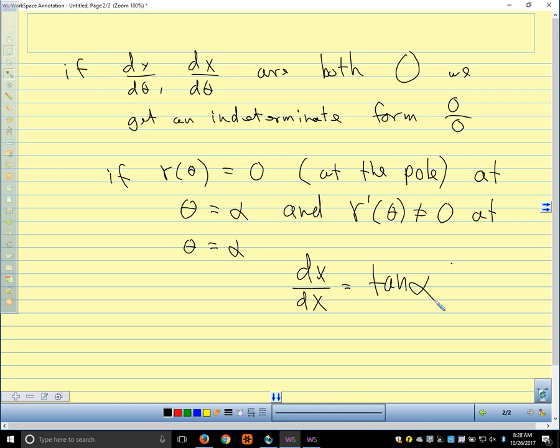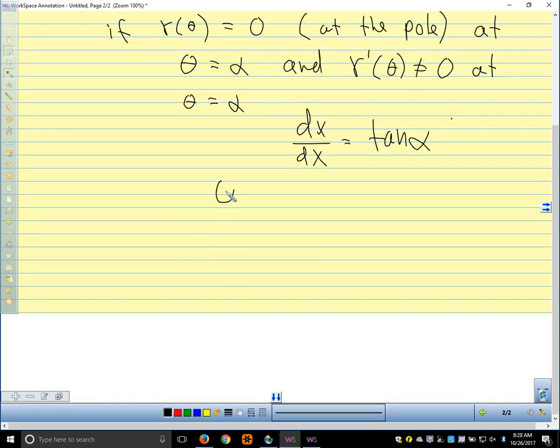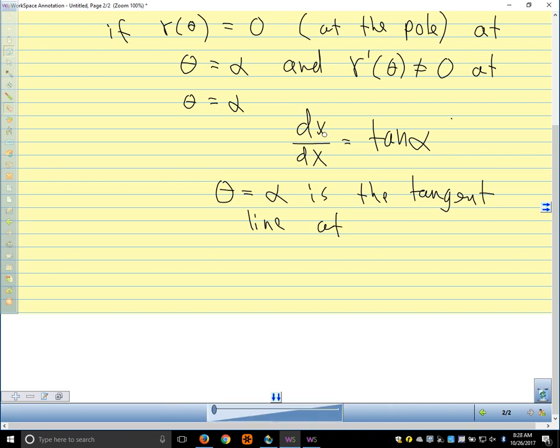So that's the slope of the tangent line. So that tells us that theta equals alpha is the tangent line at the pole.